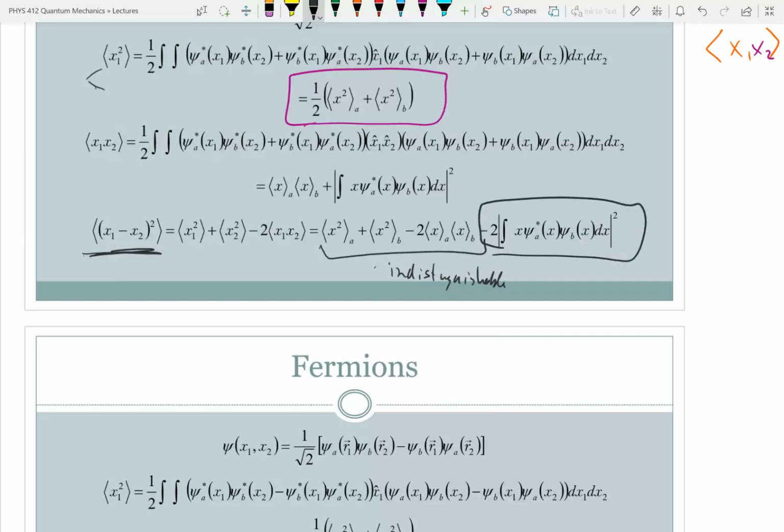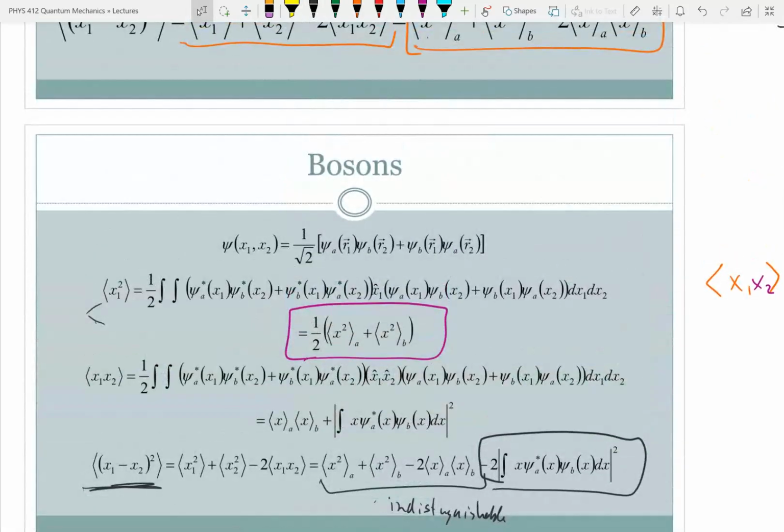Now, when you do a mod squared, it's always a positive value. And so that means that they're closer together. When you have two bosons, the separation is going to be closer than it would be if they were two indistinguishable particles. Kind of a surprising outcome.